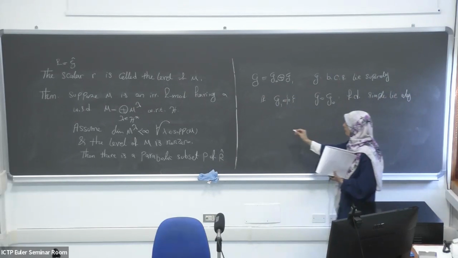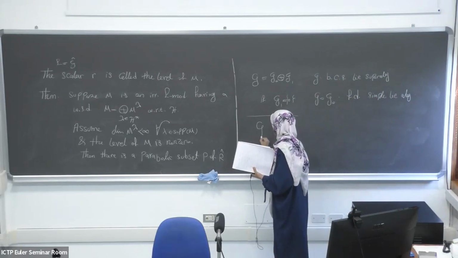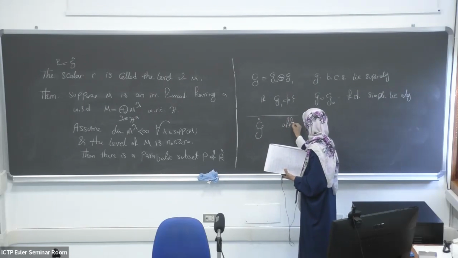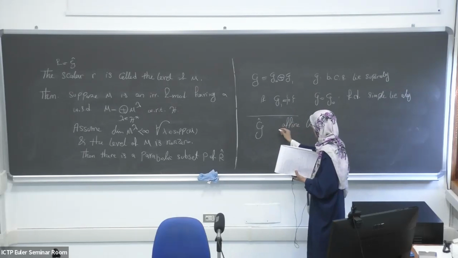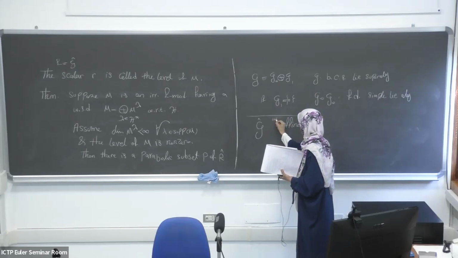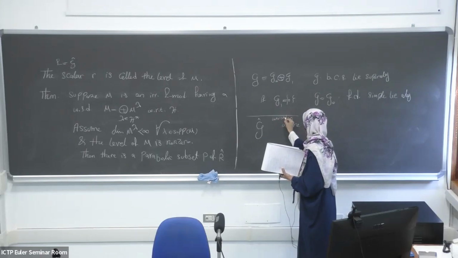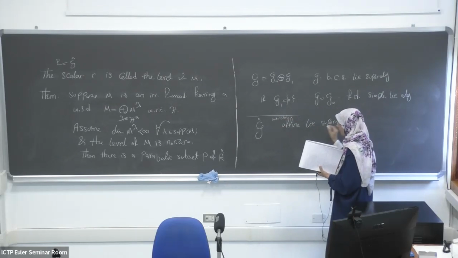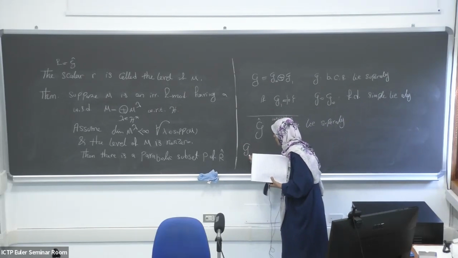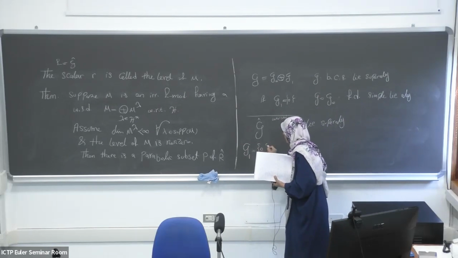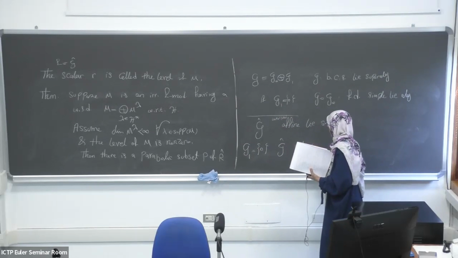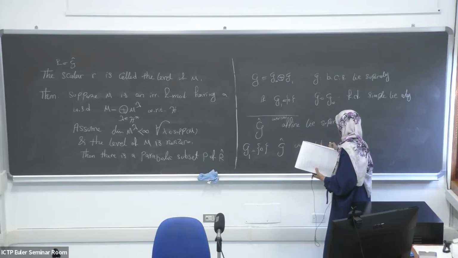Now, if you make G hat, it is an affine, of course, untwisted, Lie superalgebra. If G1 is 0, G hat is untwisted.